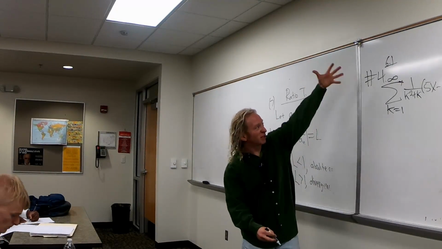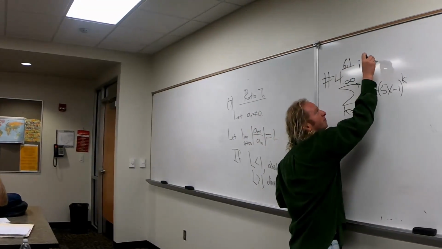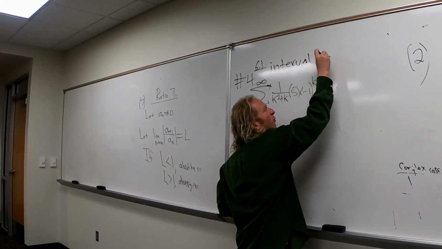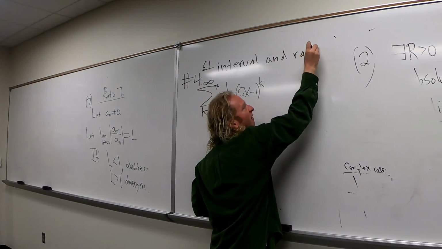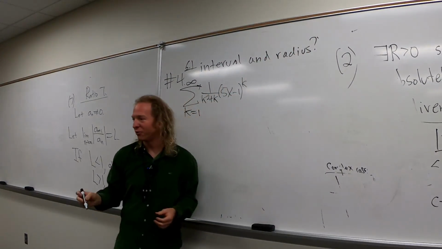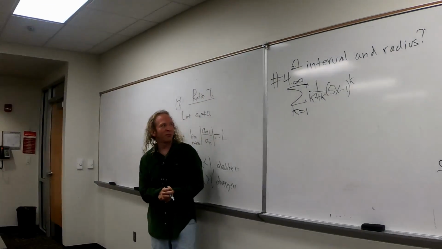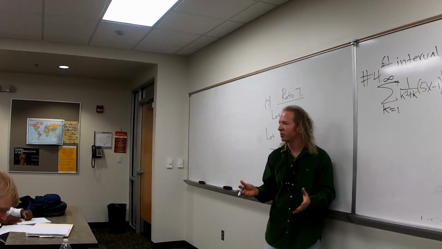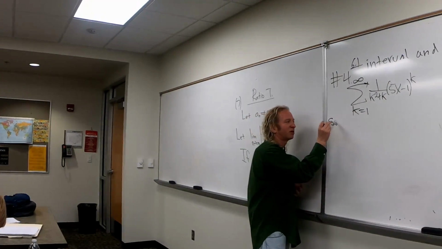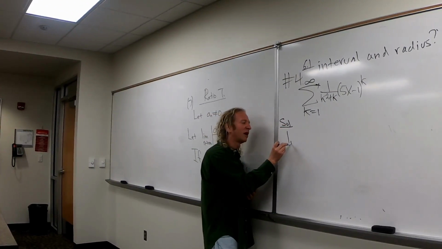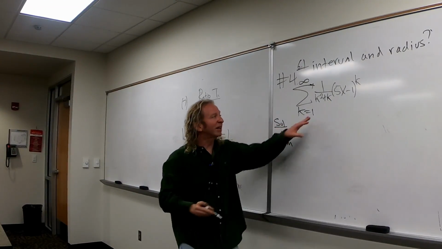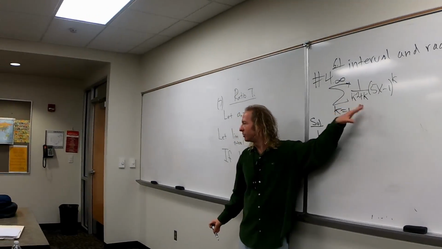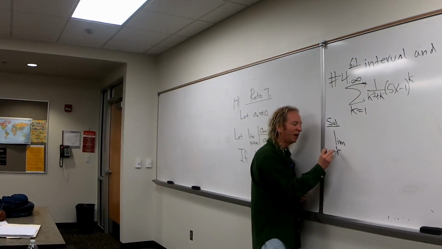Find the interval and radius of convergence. The first thing you want to do in a problem like this is use the ratio test. I'll show every step and we'll go slow. Solution: the limit, and we have k instead of n, so I'm going to use k, as k goes to infinity.